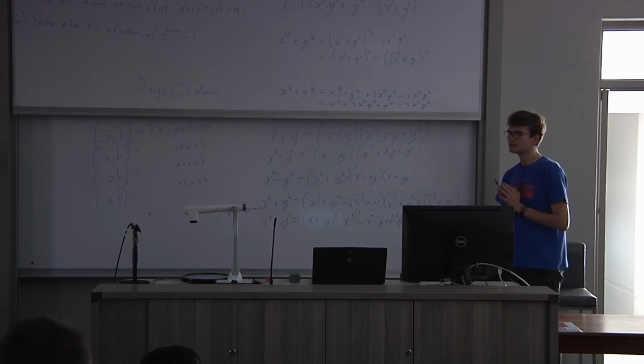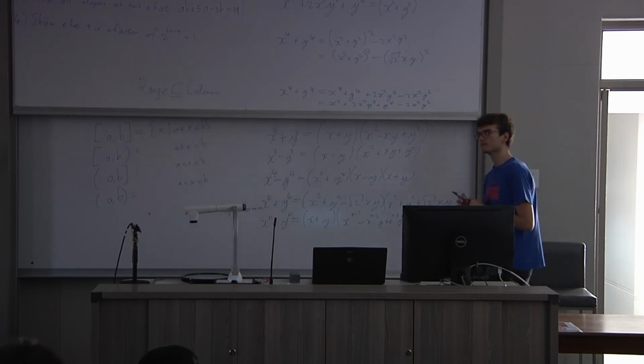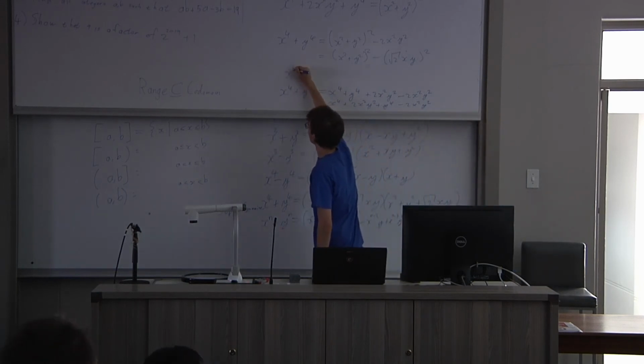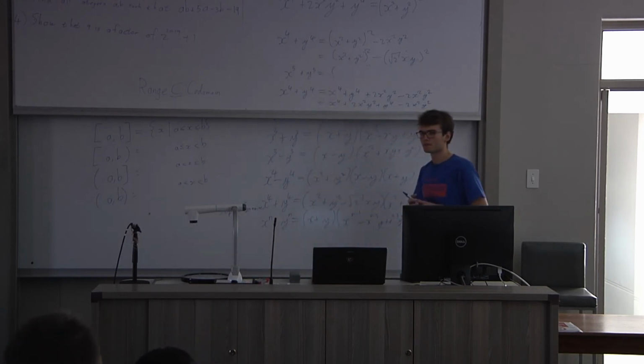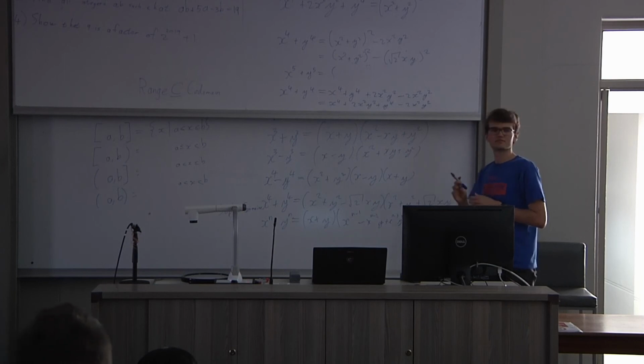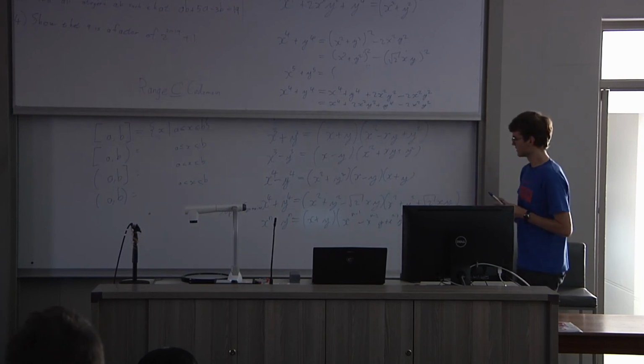Okay. With that in mind, do you want to say what x to the 5 plus y to the 5 is equal to? So just lift the general result up there.